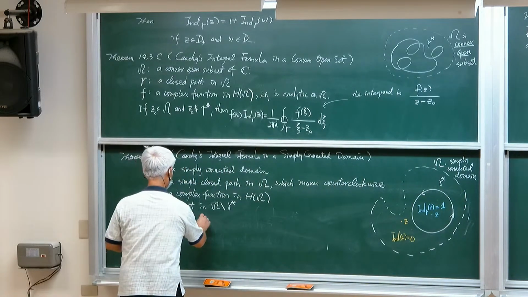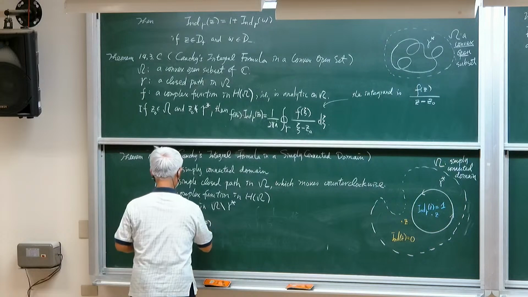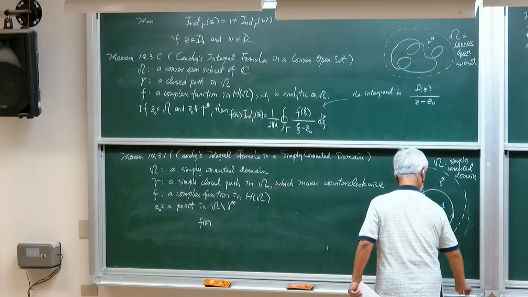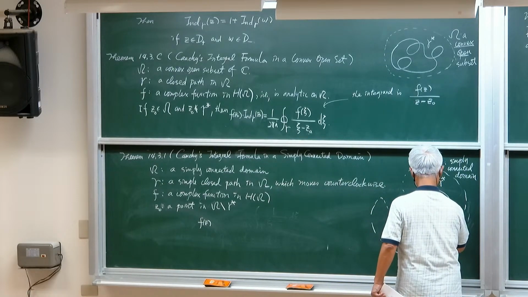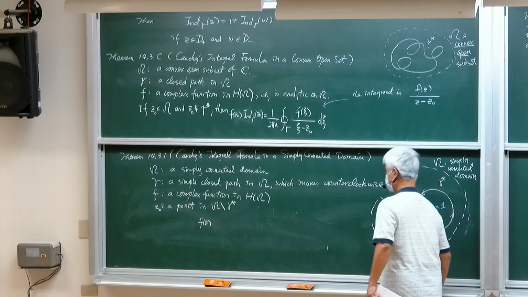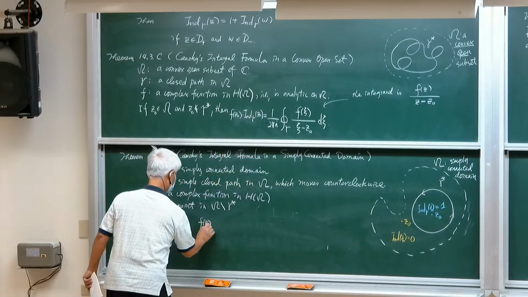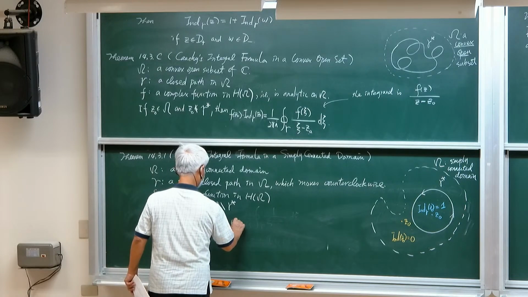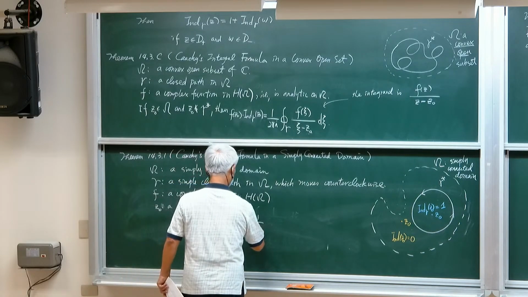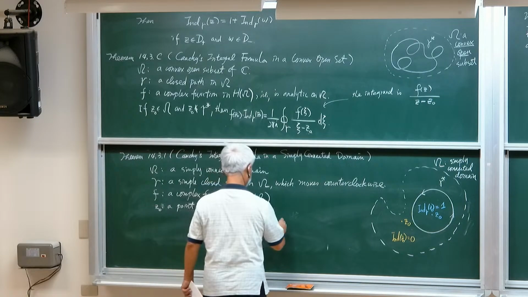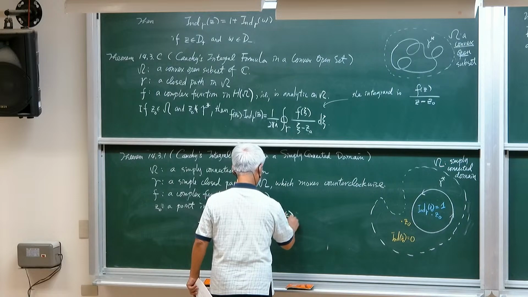Then f(z0), I'm sorry, I use z0. Okay. So f(z0) times the index of gamma with respect to z0 is equal to 1 over 2 pi i times the integral over gamma of f(psi) over psi minus z0.